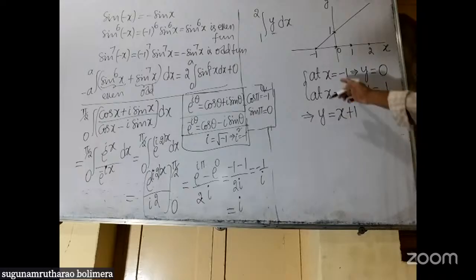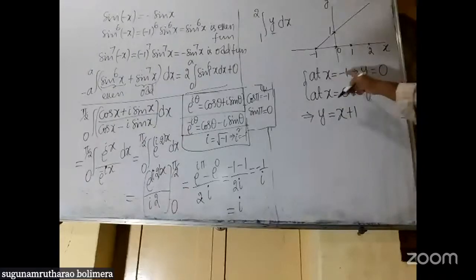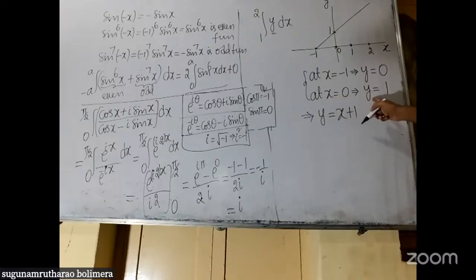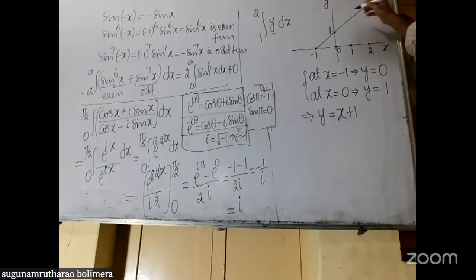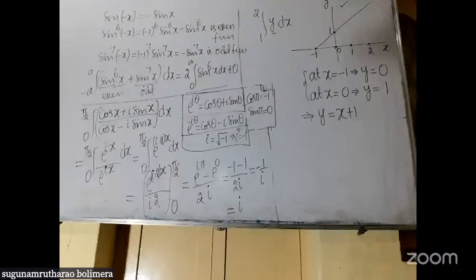Here, x is minus 1, y is x plus 1, minus 1 plus 1, nothing but 0. When x is 0, y is 0 plus 1, that is 1. So this relation you can draw from this diagram.